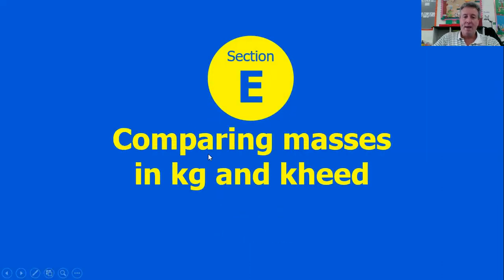Okay, comparing masses in, what's this word? kg, short for kilograms, isn't it? Kilograms. And what's this word? Keyed, isn't it? 10 keyed makes 1 kilogram. Or our other word we can use is hectogram, isn't it?